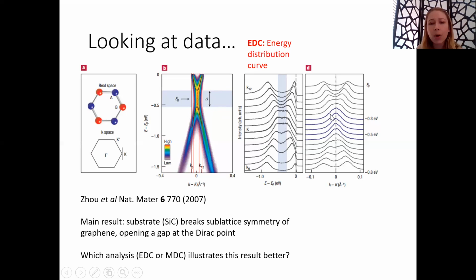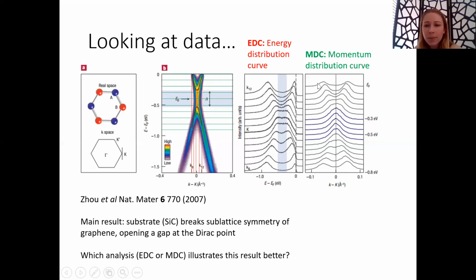The other way of slicing up ARPES data is the orthogonal way. You sit at constant energy and look at intensity as a function of momentum. This is called a momentum distribution curve, or MDC, and that is what's shown in the panel below the word MDC. In the MDC, you can also see the opening of the gap, but it's a little more subtle.